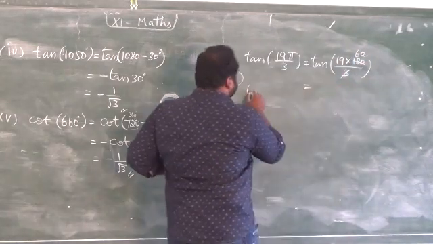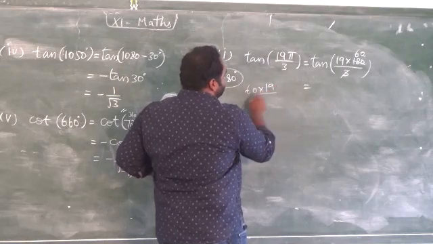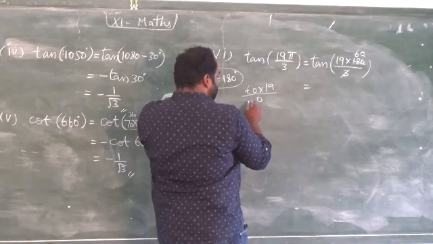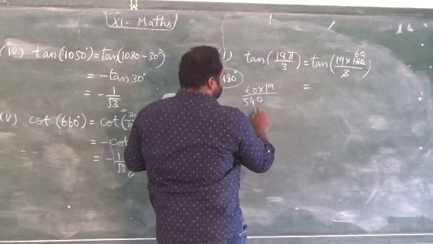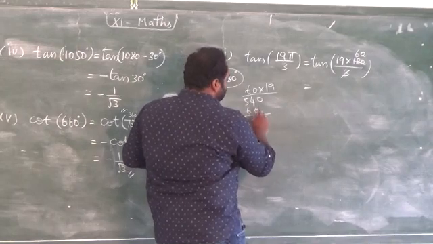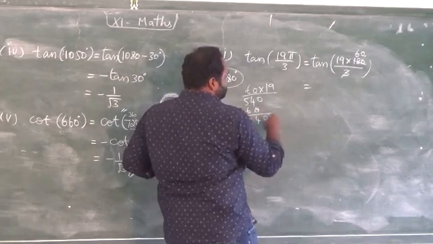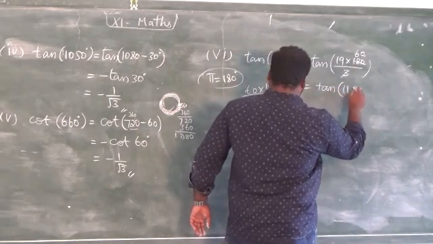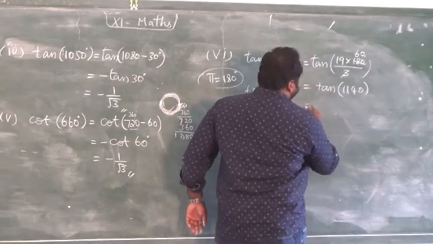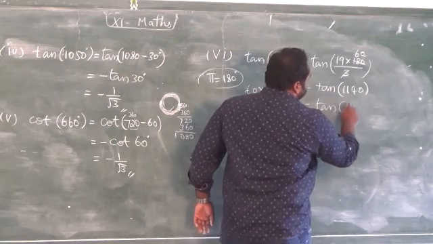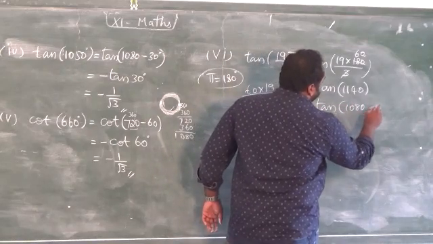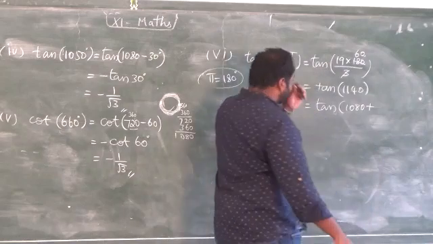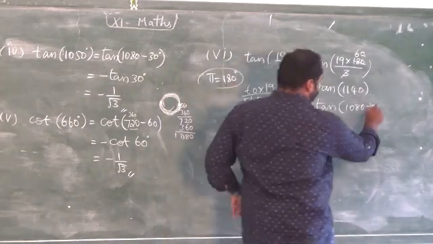60 degree. So 60 into 19 is 1140. This can be split as 1080 plus 60.